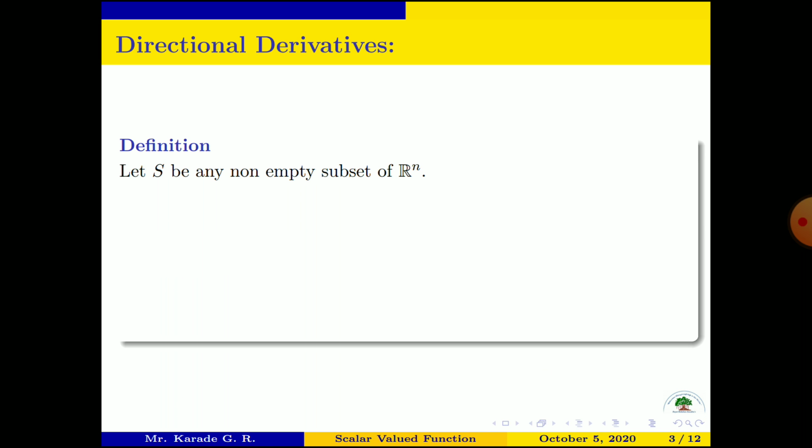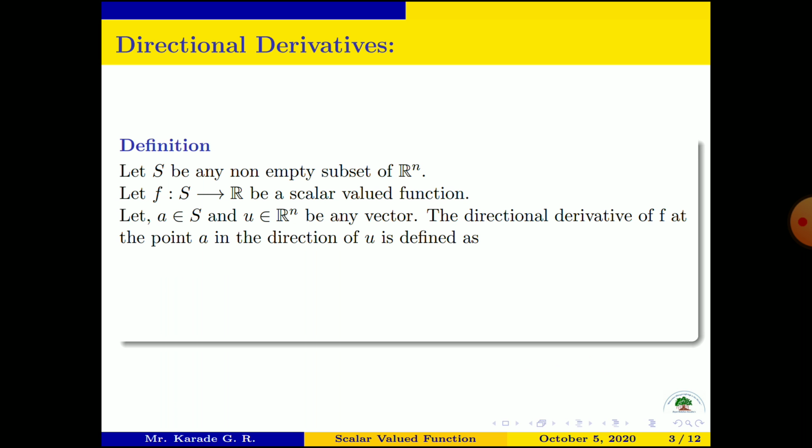Let capital S be any non-empty subset of Rn, and let f from S to R be a scalar valued function. Now what is meant by a scalar valued function? That thing is known to you. Now let A belongs to S and U belongs to Rn be any vector, then the directional derivative of f at the point A in the direction of U is defined as follows.